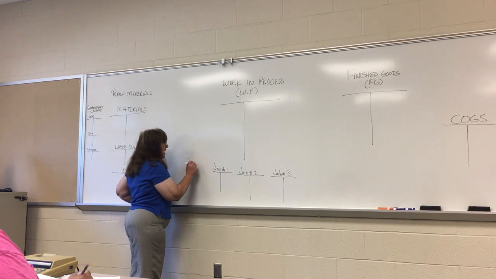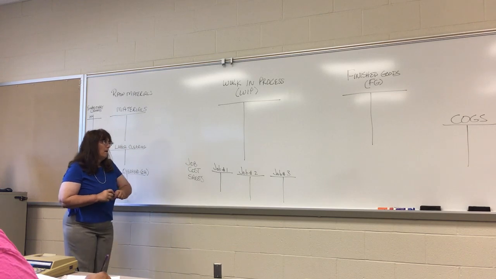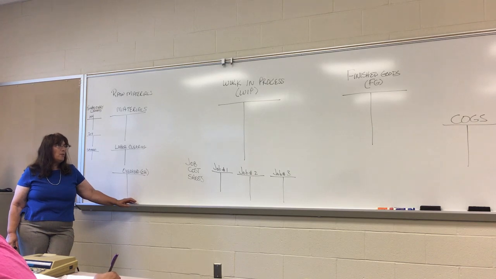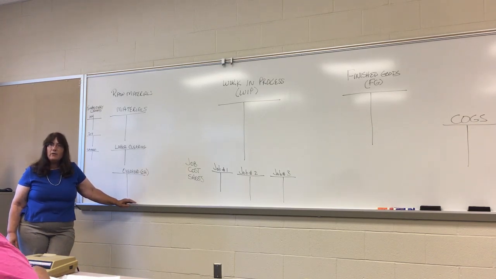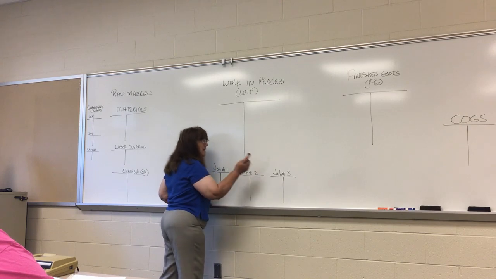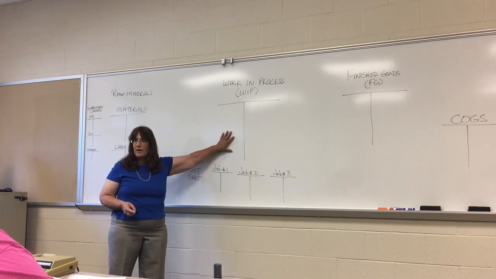They're called job cost sheets, also known as job cost cards. Okay? And so these keep track of each separate job. How much materials, how much labor, how much overhead do we have on any particular job? If I add all of the incompleted jobs balances together, they should equal the work in process.